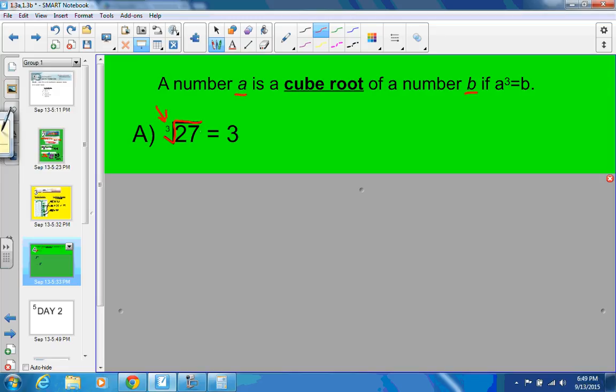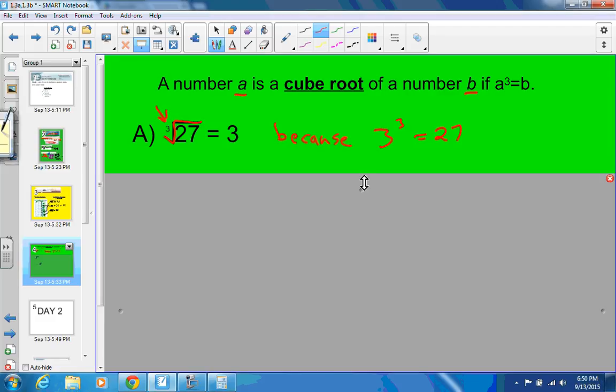So the cube root of 27 is 3 because 3 times itself 3 times. 3 times 3 times 3 is 27. That's the difference between a square root and a cube root. Square root, you're just finding what number times itself gets you there. And a cube root, it's what number times itself and times itself again gets you there.